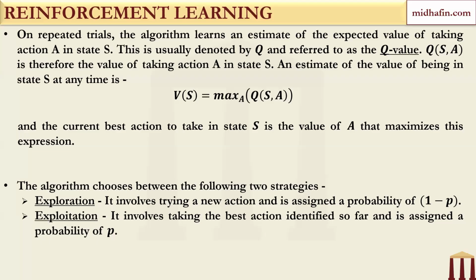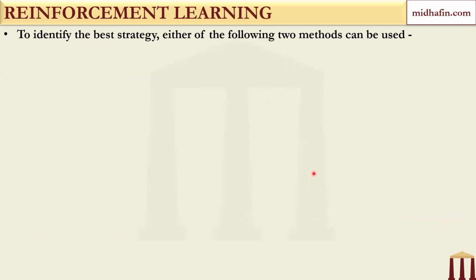The technique being used was reinforcement learning, and the strategy was exploration and exploitation. If the computer has identified the best move in a scenario, it will go for exploitation. Or else, if the computer is still learning, it may go sometimes for exploration, sometimes for exploitation. To find out the best strategy, two methods are used.